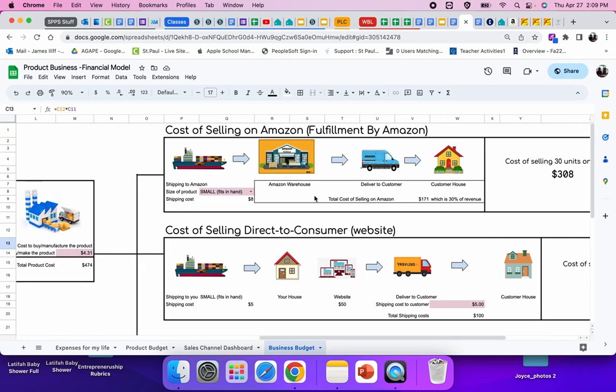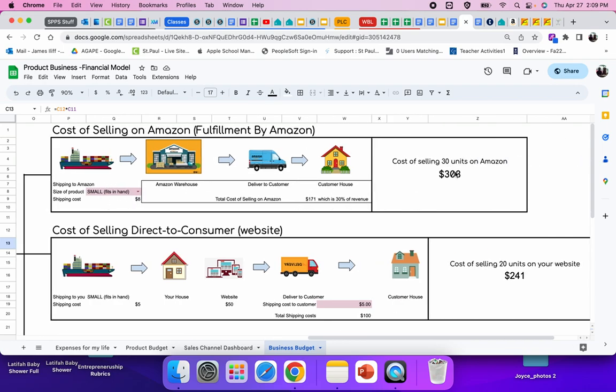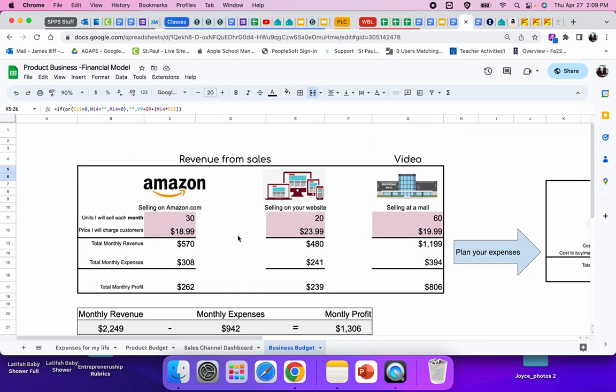So if I add the manufacturing cost, the shipping cost, and this cost, the cost of selling 30 units on Amazon is $308. So look at this. I sold 30, I made 570, but I had a bunch of expenses, which we just went through. And so that's my total expenses here.